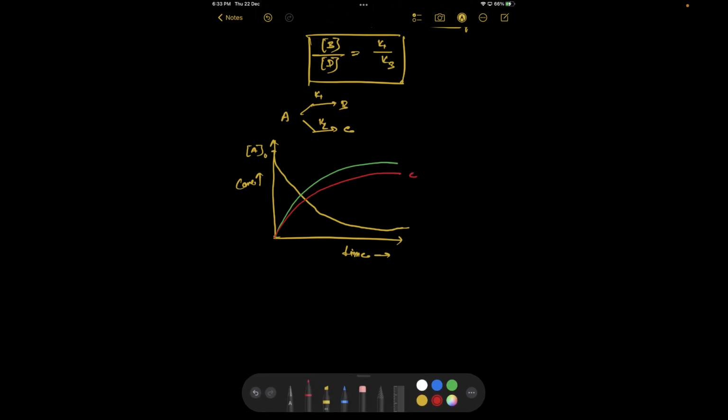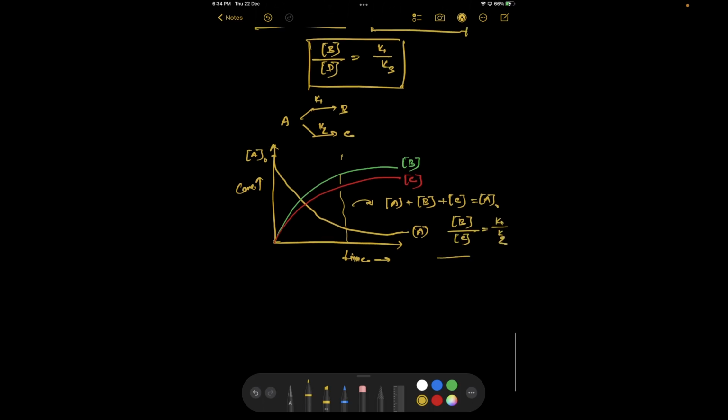This is actually C, this is actually B, and this is actually A. Now at any time, the concentration of A plus concentration of B plus concentration of C will be equal to the initial concentration A0, and the concentration of B divided by concentration of C will be equal to just K1 divided by K2. These two are very important pieces of information.